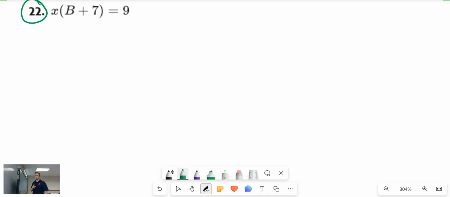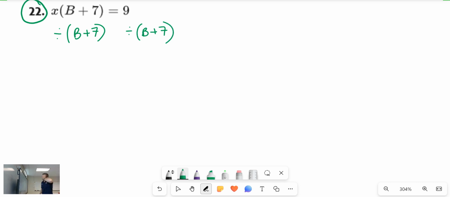With that little hint, can you get it? That one step is we are going to divide both sides by b plus 7.